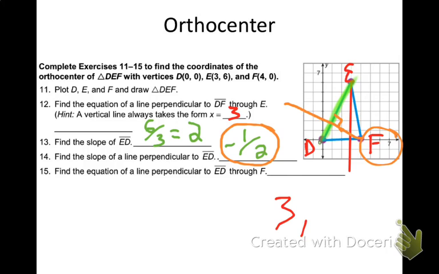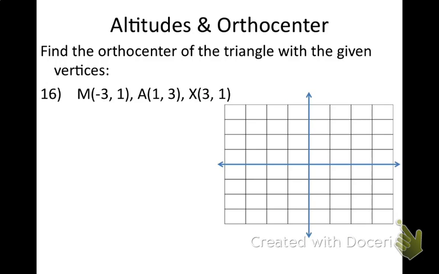Yep, 3 1/2. That's the only one to say you have a fraction. All the ones in your assignment are no fractions, don't worry. Okay, 3 1/2 is correct. Nice job. Again, find the slope, perpendicular slope, find the altitudes. Okay, try this one on your own.